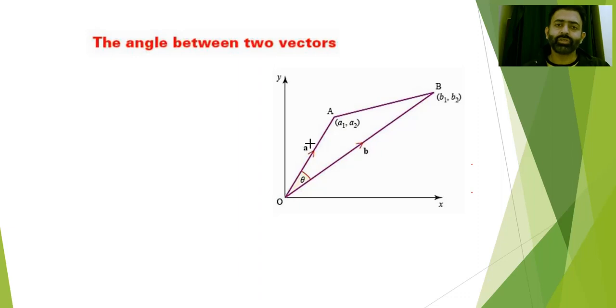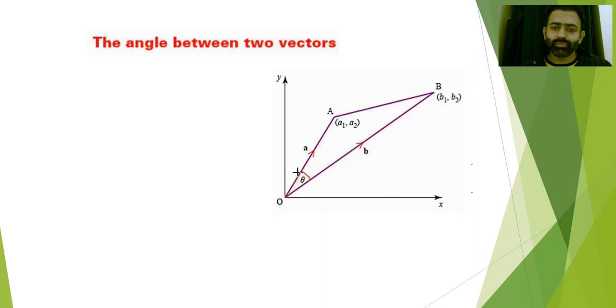The technique we are going to use in finding the angle is the dot product. We are not going into detail about what dot product means, because that is part of physics. We are not covering the physical aspect of the dot product, but yes, we will derive how the dot product gives you cos theta.